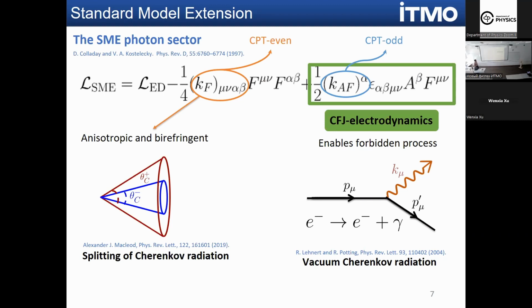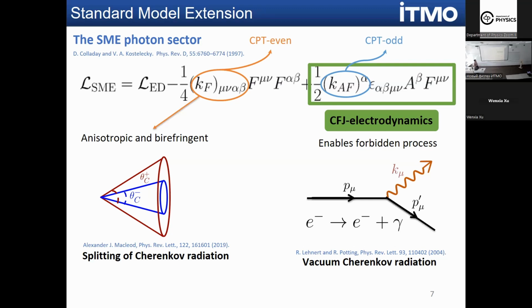CFJ-electrodynamics corresponds to CPT-odd. This model was proposed to search for possible violations in physics, and it also has realizations in condensed matter.